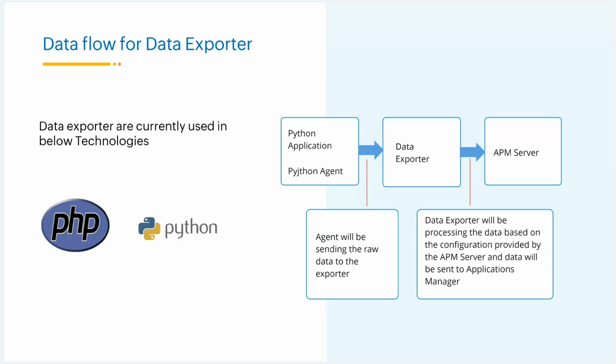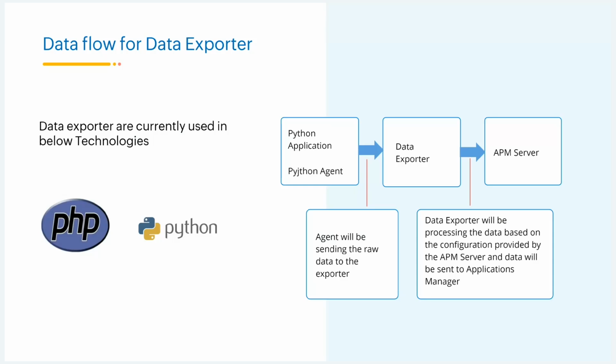It acts as an intermediary layer between the application and the Applications Manager server. The application will continuously generate the data related to its performance, like the traces and other metrics. This data is collected by the respective agents, that is Python or PHP, which is running within the applications.